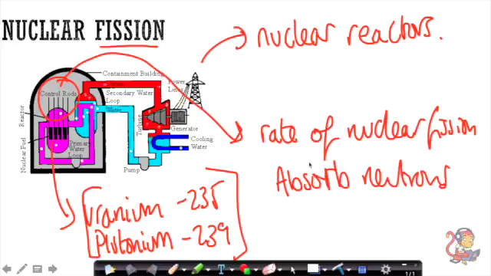So if you remember before when we drew the chain reaction with all those neutrons being released, they would go on and collide with lots more uranium-235 or plutonium-239 and cause them to split and cause more energy to be released. What these do is absorb those neutrons so that we can control the rate of reaction. If you don't want those neutrons to go on and collide with more nuclei, you can absorb them and take them out of the equation.